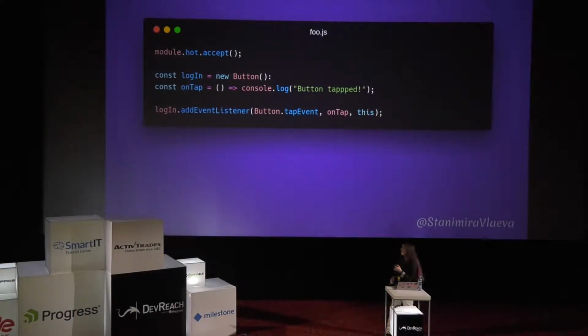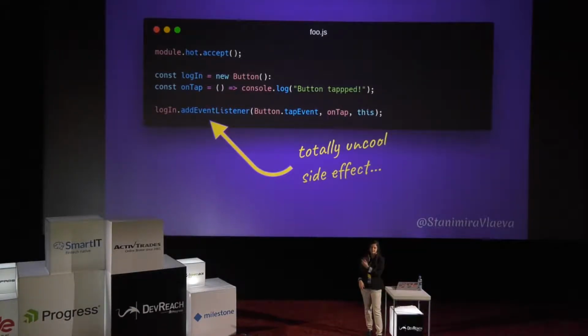And at the top, you can see that the module is self-accepted. So if you make a change to that code, it will be executed again and again and again. So what will happen is that we're going to add new event listeners every time we execute that code. And that's not cool, because we'll end up with so many event listeners, and we'll see like 10 console logs when we tap the button.